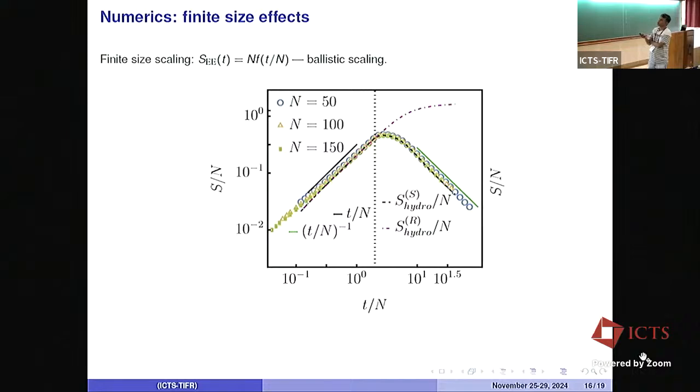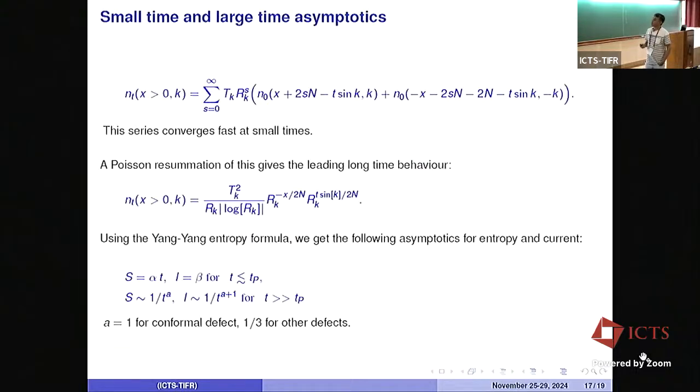I also want to show some finite size effects, which are quite simple. If you scale time by N and entropy by N, then results from different system sizes all collapse, and this can again be understood completely from the hydrodynamic calculations. The good thing about the hydrodynamic calculation is that we can calculate both small time and large time asymptotics.